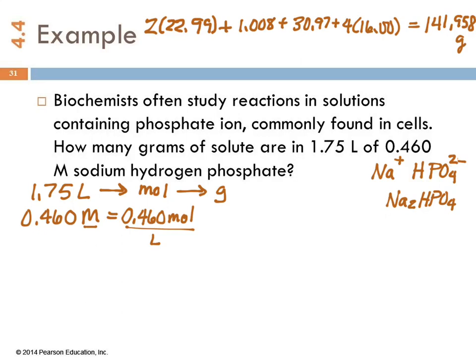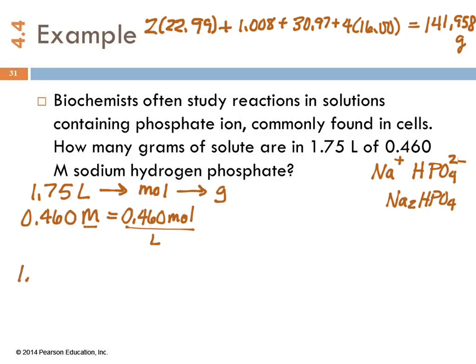That would be grams. So the molar mass is what we need to go from moles to grams, and the molarity is what we need to go from liters to moles.